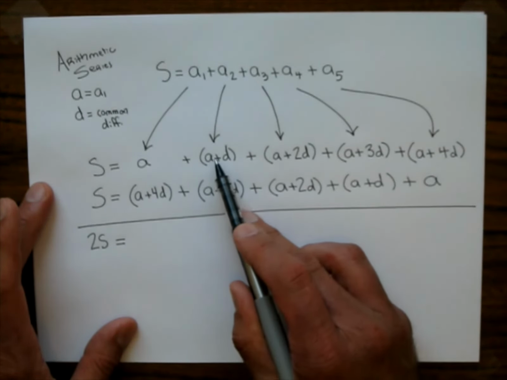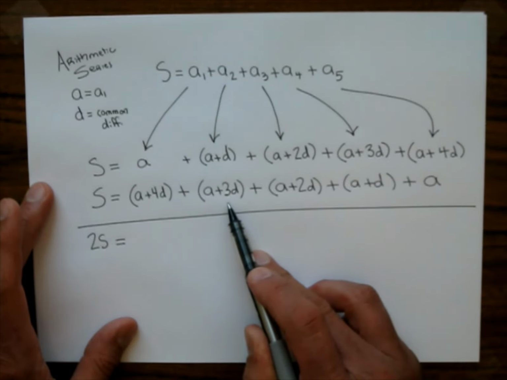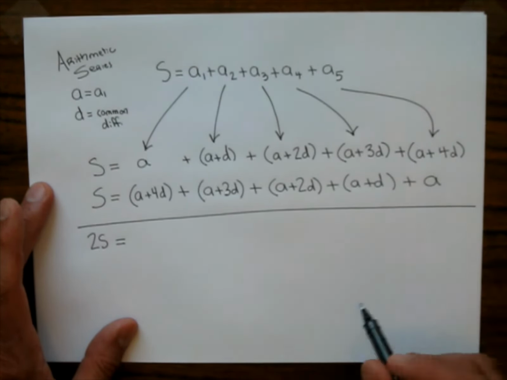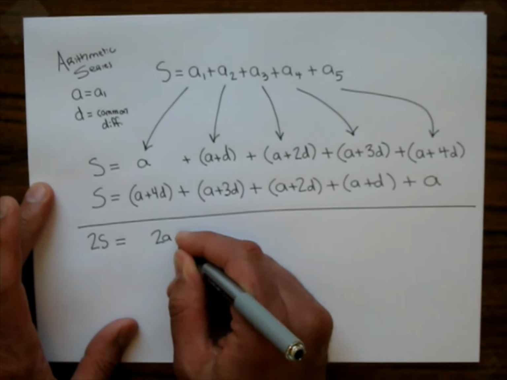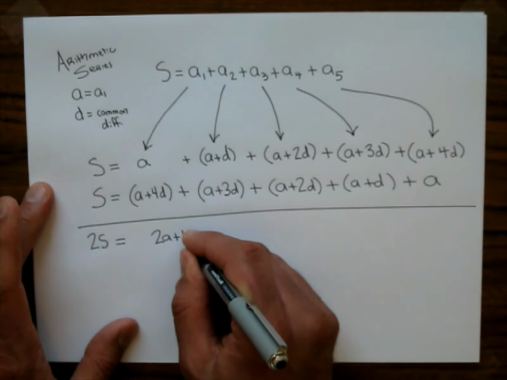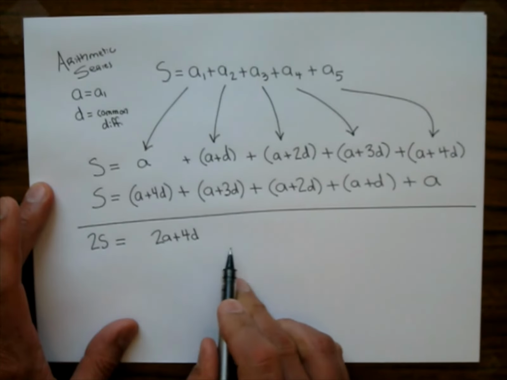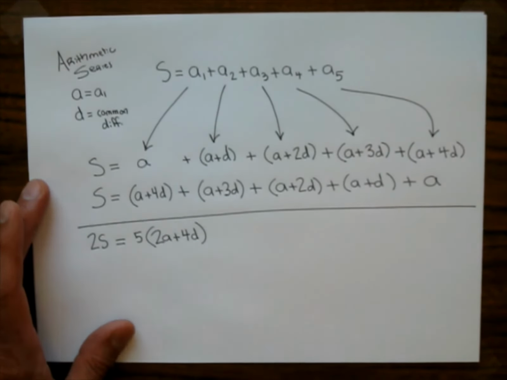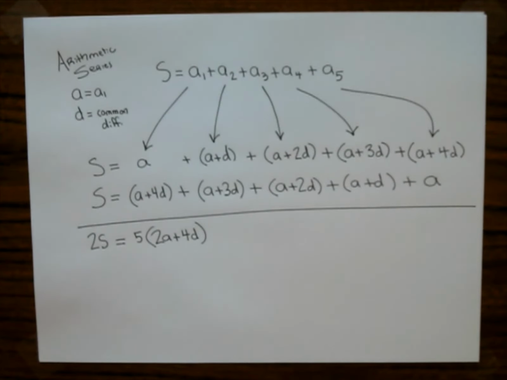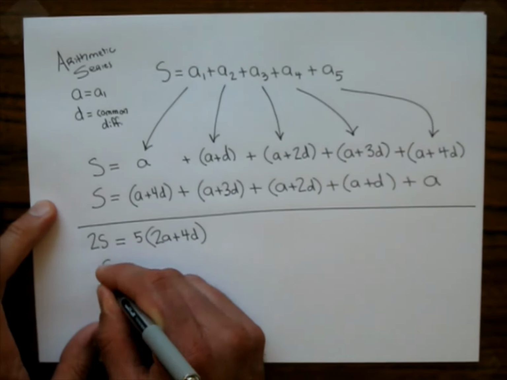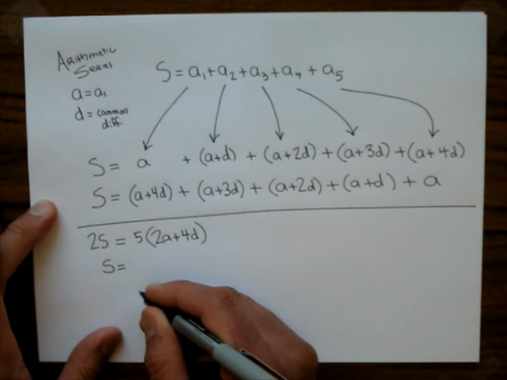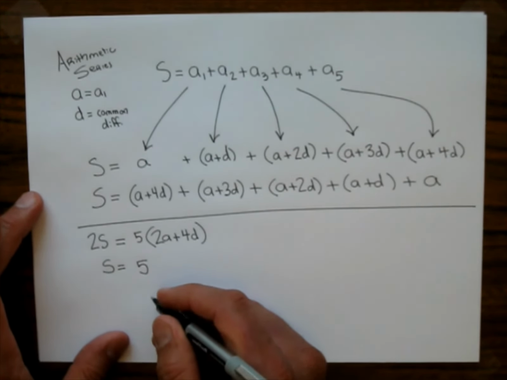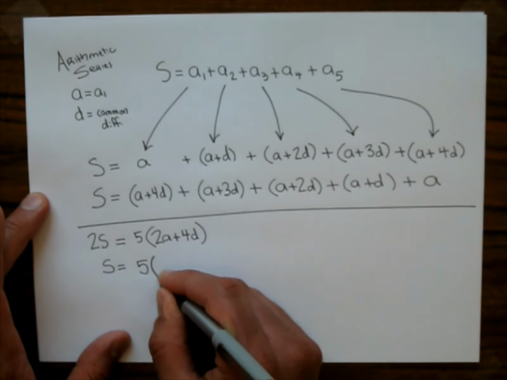And then look at this, 2A plus 4D, 2A plus 4D, 2A plus 4D, 2A plus 4D. So obviously I can write this down 5 times, or I can just go 5 times that. So what does S equal? S is going to equal 5, and then I'm going to do something weird.